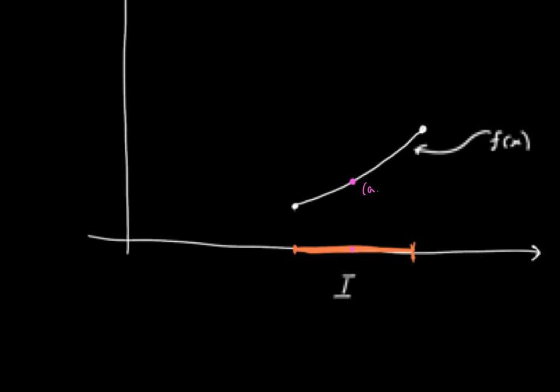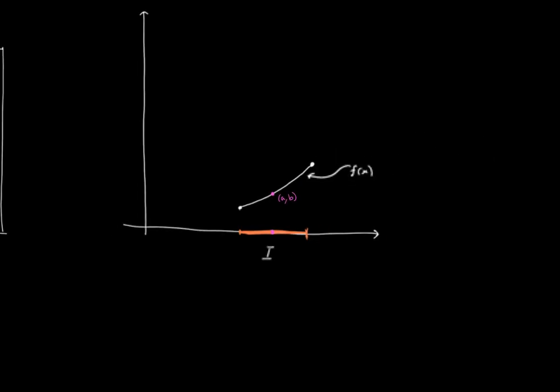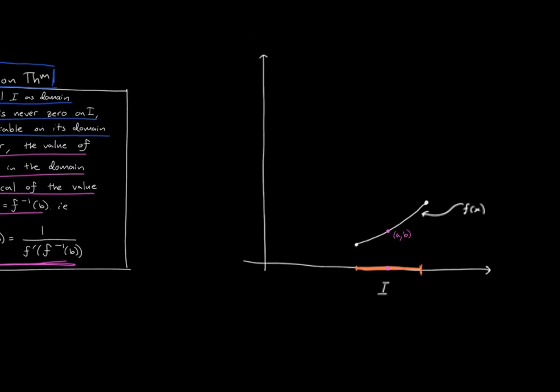So this point would be, I'm making sure this is going to make sense in terms of the theorem. And I also want to talk about what this is sort of mapped to, what set this is mapped to. So here's the interval that is the domain of f. What that means is the range of f is going to be this interval.